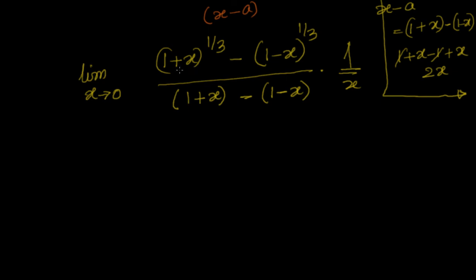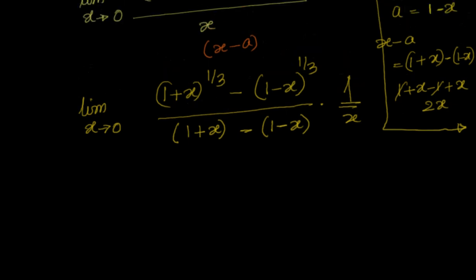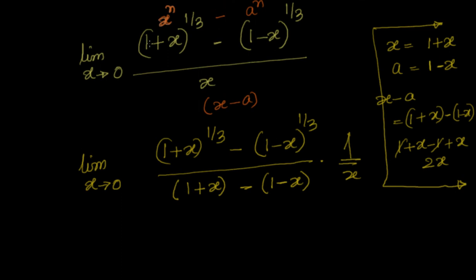So what I have done is I have written it in the form of x to the power of n minus a to the power of n by x minus a, into 1 by x, whatever is given. But I should multiply with this term because I am dividing with the term. What is this value? Nothing but 2x. We know that. So x will cancel.